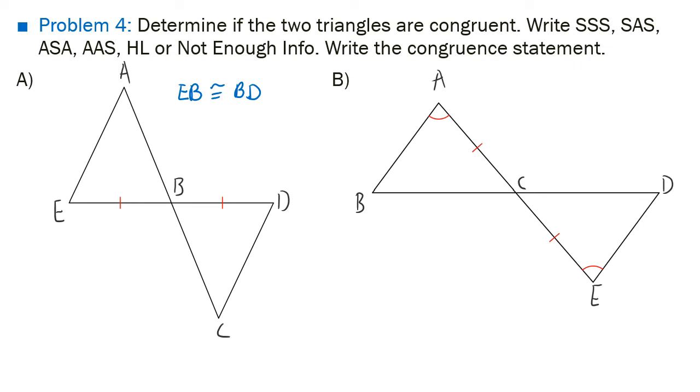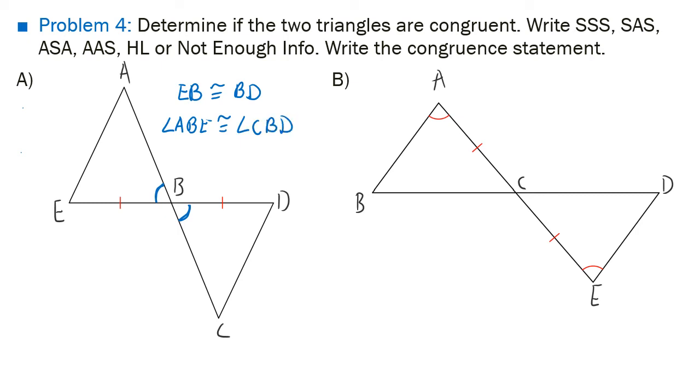They don't have anything else marked, but there is one more thing that is congruent in this picture that isn't labeled because they expect you to know it from earlier in the year, and that's vertical angles. So this angle right here and this angle right here are also congruent because they are vertical angles, and vertical angles are congruent. So angle ABE is congruent to angle CBD.